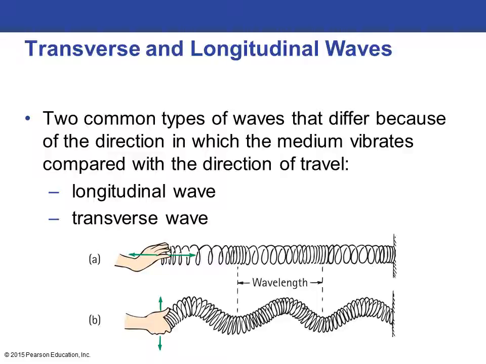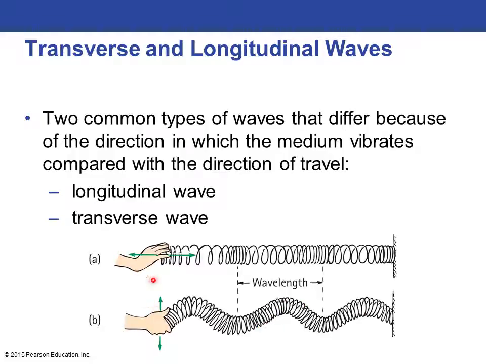So the vibration is moving the same direction as the wave is moving, both towards and away from the wall. A transverse wave is this picture below here that looks more like the waves we've been looking at, where you're going up and down, up and down.